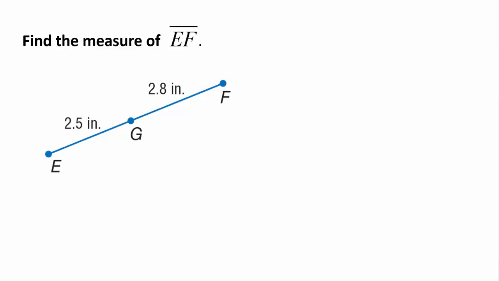Let's take a look at an example. It says find the measure of line segment EF. We know what EG is. We know what GF is, but now we need to find EF. I would start by writing an equation. We have EG plus GF is equal to EF.